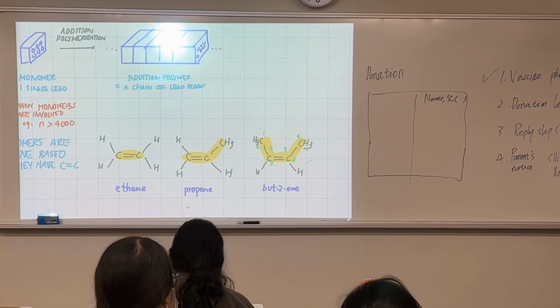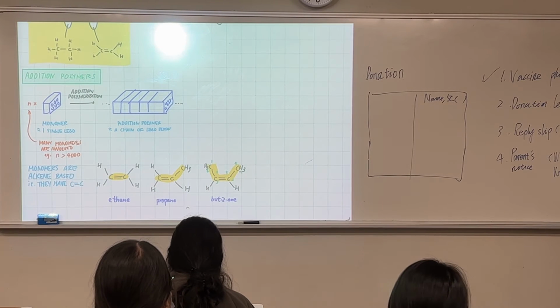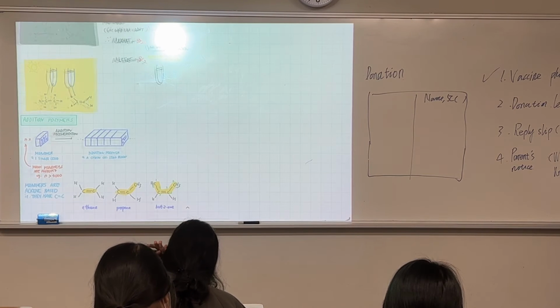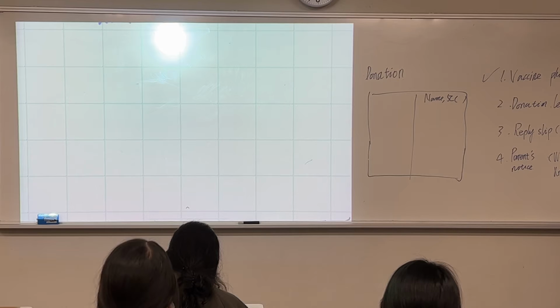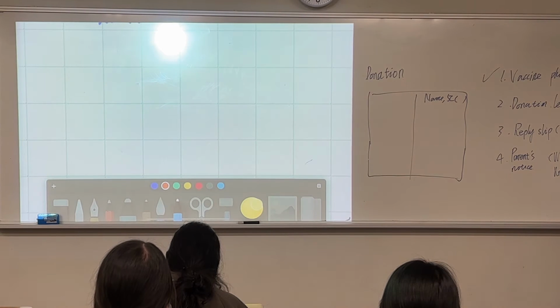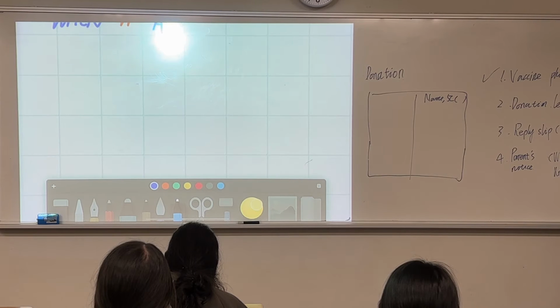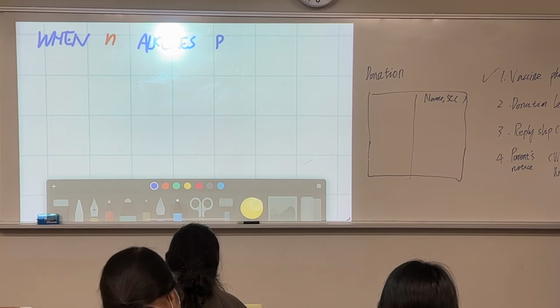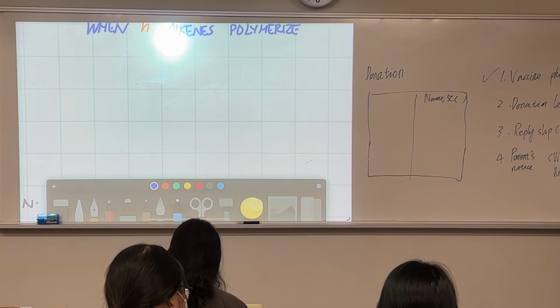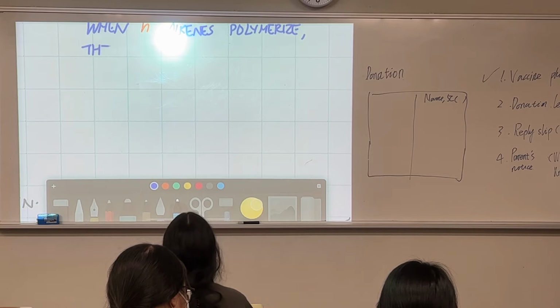Whatever the alkene used, when you put a lot of these alkenes next to one another, an interesting reaction will happen. When n alkenes polymerize to form addition polymer, the following occurs.